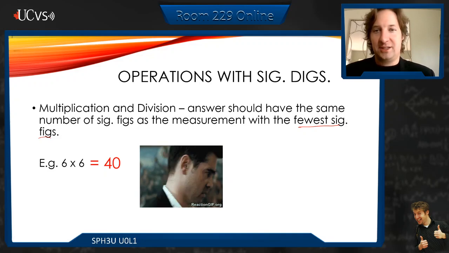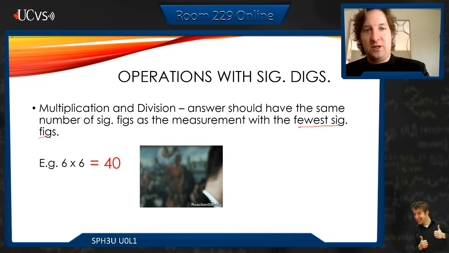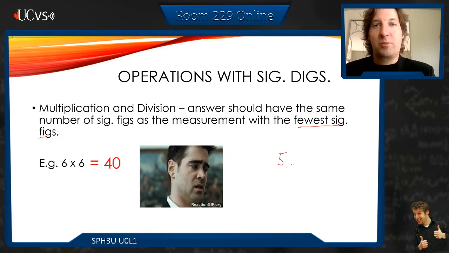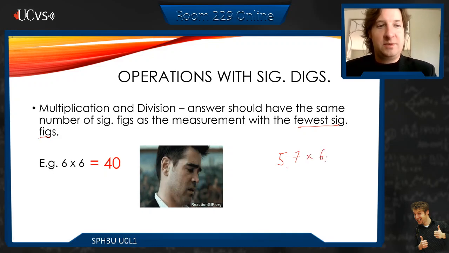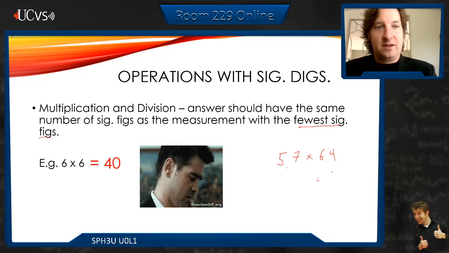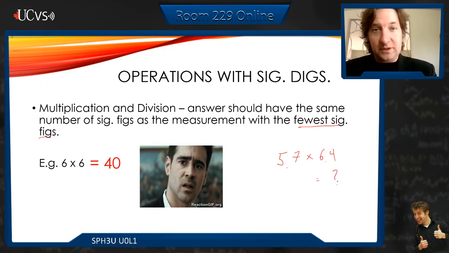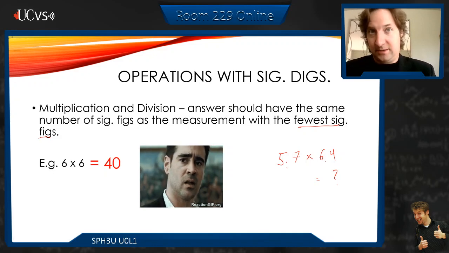So I cannot say it's 36. The first 6 could actually be, if I used a more precise measurement, 5.7 or something. And then the other one could be 6.4, and that would be goodness knows what, right? So when I have 6, both of these numbers will round to 6.